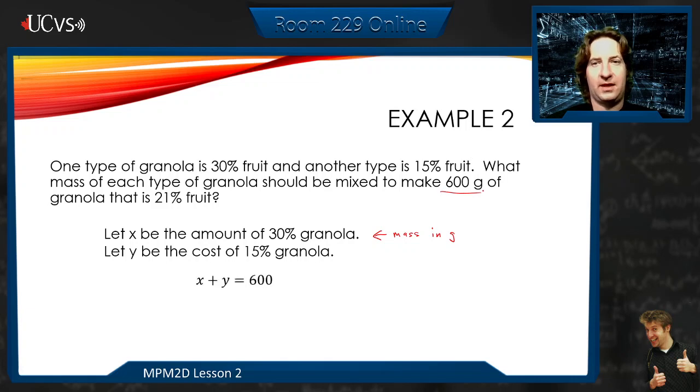So right away, if I add the two together, if I add x and y, x is how much of the one, how many grams of the one stuff, y is how much of the other stuff. If I add them together, I want my total, which they're telling us is 600. Now the second equation is a little bit more complicated. 30%, right? 30% is not a number. 30% I have to represent as 0.3, right?